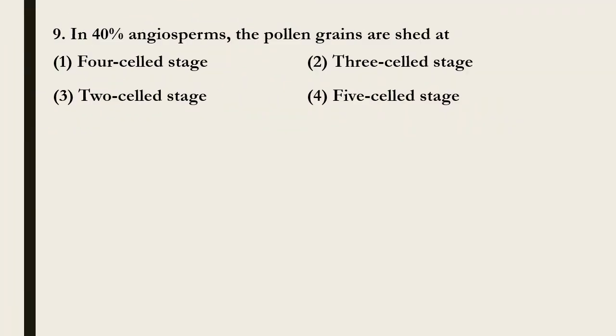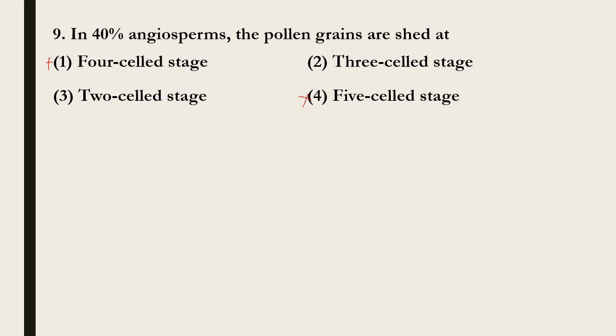Question number 9. In 40% angiosperms, the pollen grains are shed at: option 1, 4-cell stage; 2, 3-cell stage; 3, 2-cell stage; 4, 5-cell stage. In these options, we cannot observe the 4-cell stage or 5-cell stage in pollen grains. So the pollen grains are shed either at the 3-cell stage or the 2-cell stage.